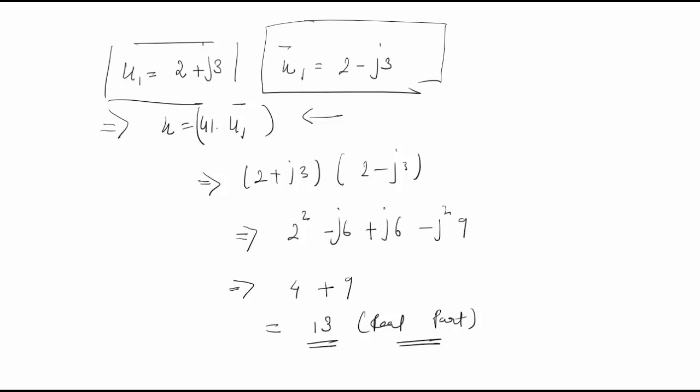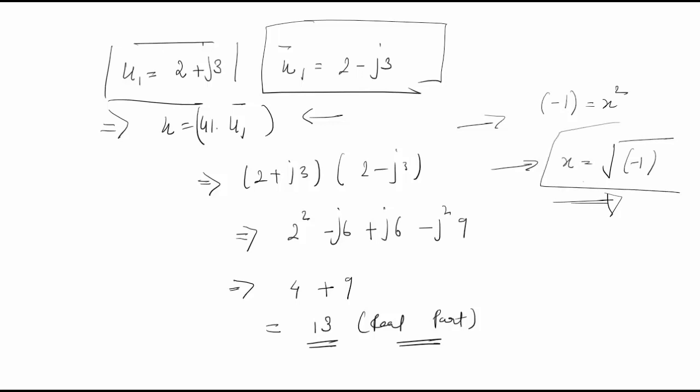So again, complex numbers are numbers arising from, for example, x square is equal to minus 1, which gives x is equal to square root of minus 1. So it's not possible to calculate this in the ordinary way.